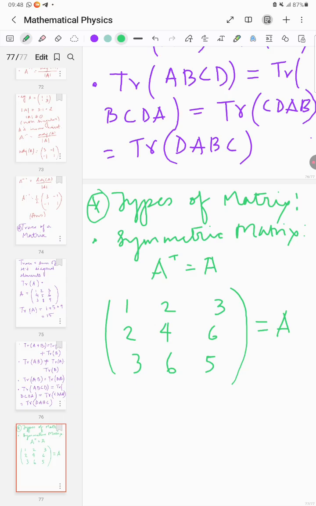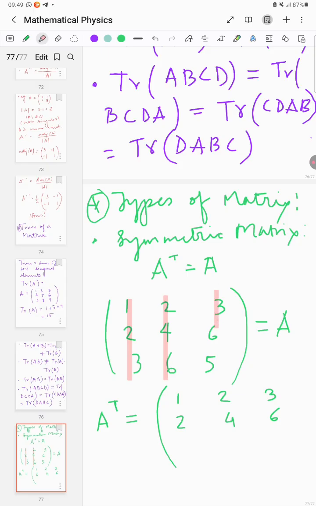Now what we need to do? We need to find out A transpose, right? What is transpose? Transpose is changing rows into columns and columns into rows. So changing the first column into row: 1, 2, 3. Changing the second column into row: 2, 4, 6.